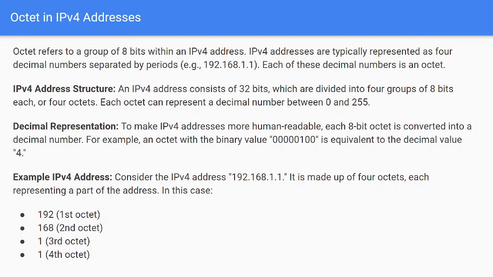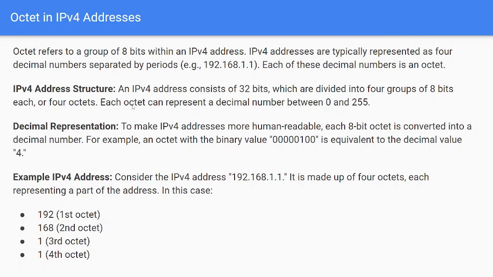Each decimal number is an octet. So what is an octet? If you look at this IP address, 192.168.1.1, this 192 is an octet, this 168 is an octet, this one is an octet, this one is an octet. So an octet just refers to a group of 8 bits within the IP address.